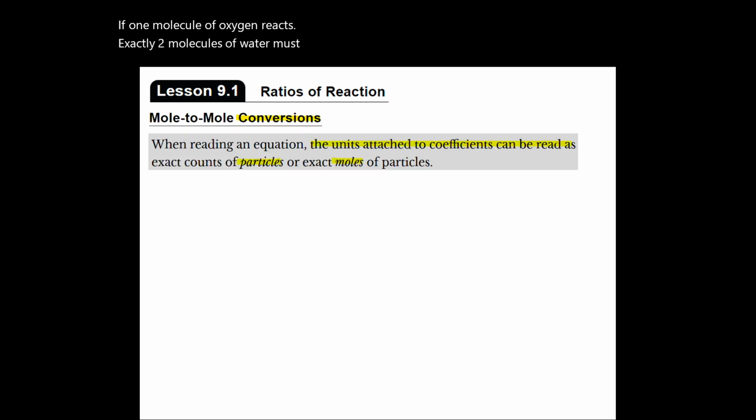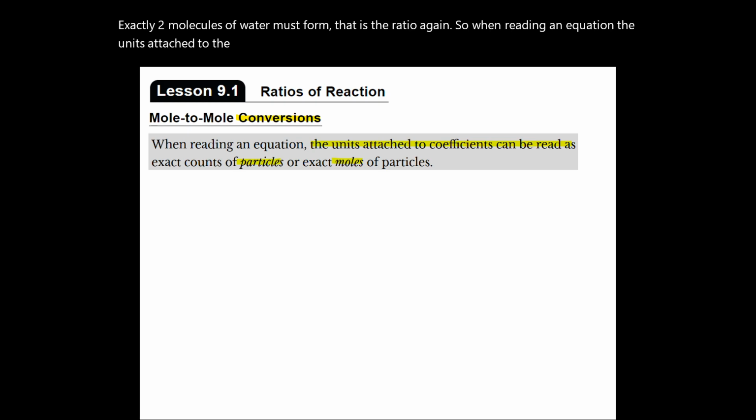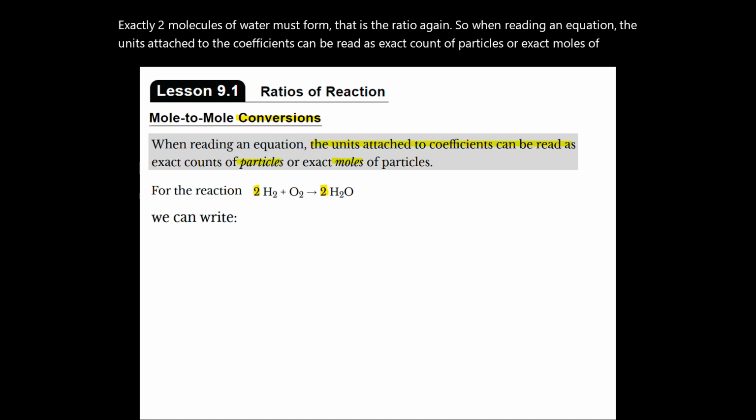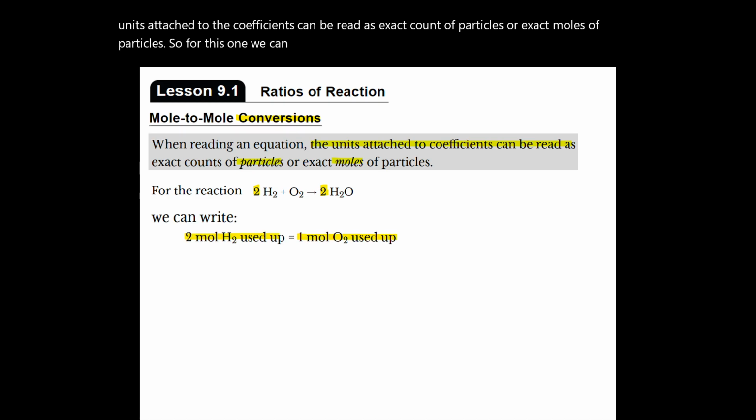That is the ratio again. When reading an equation, the units attached to the coefficients can be read as exact counts of particles or exact moles of particles. So we can write 2 moles hydrogen used up equals 1 mole oxygen used up. That is a kind of equality.